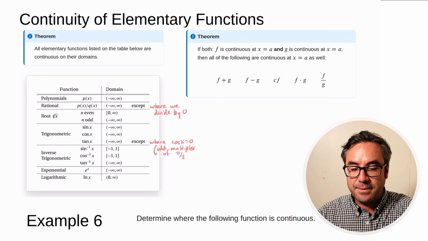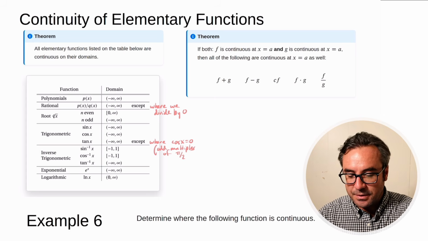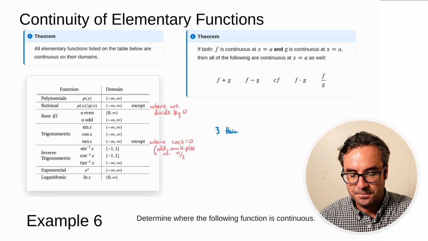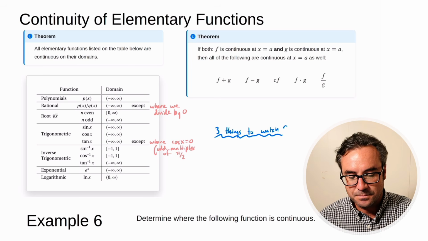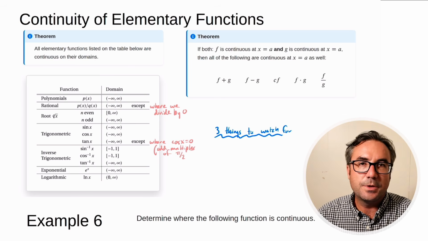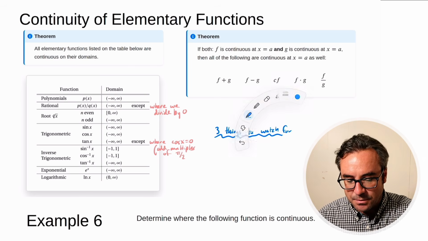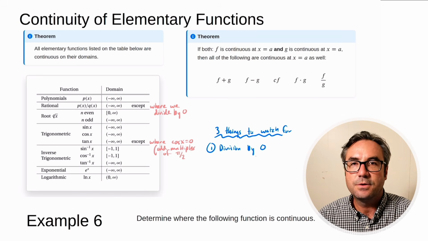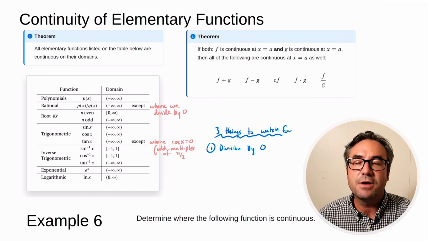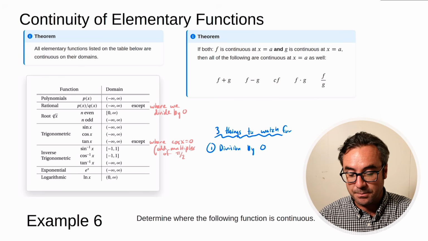So out of this table, there are three big things to watch for. Most of these have no exception. It's all real numbers. The main one we want to look for is division by 0. So when we have a function, if you see a denominator, see a fraction, figure out where that denominator is equal to 0.